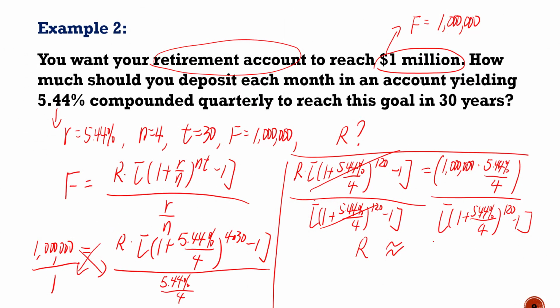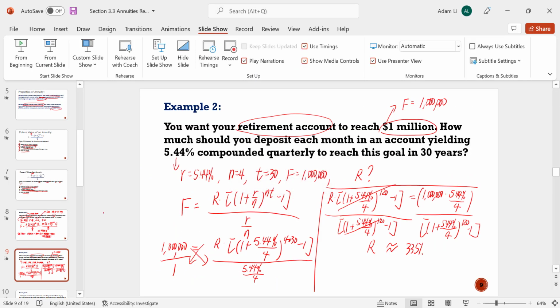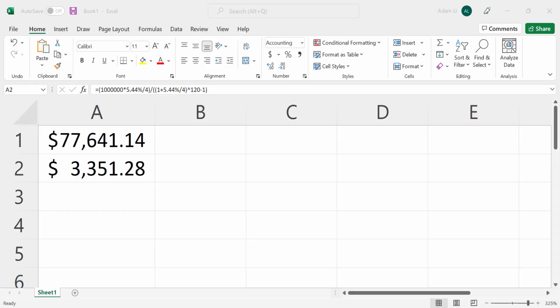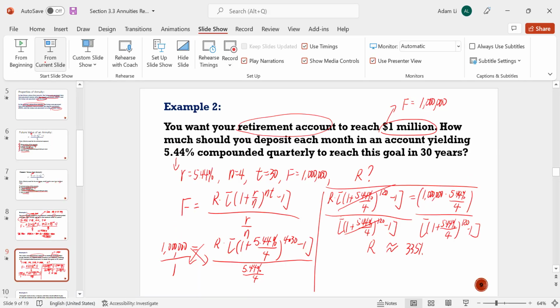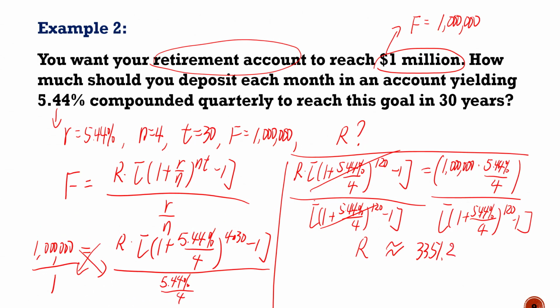Regular payment is $3,351.28. So this is what the required payment is in order to reach $1 million in 30 years in this particular scenario.